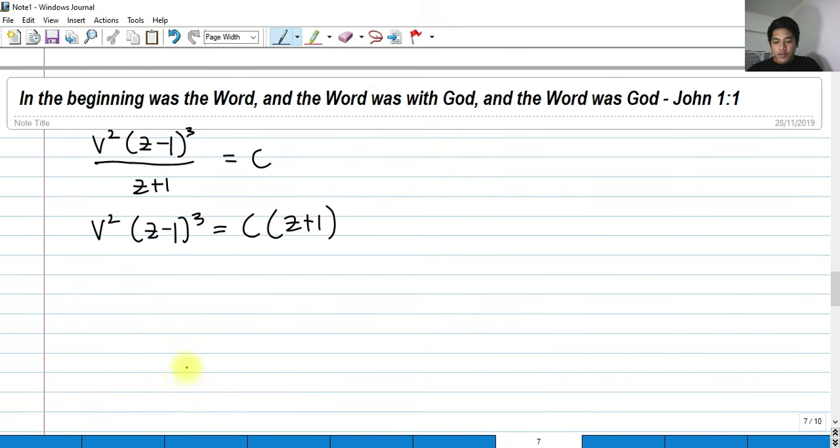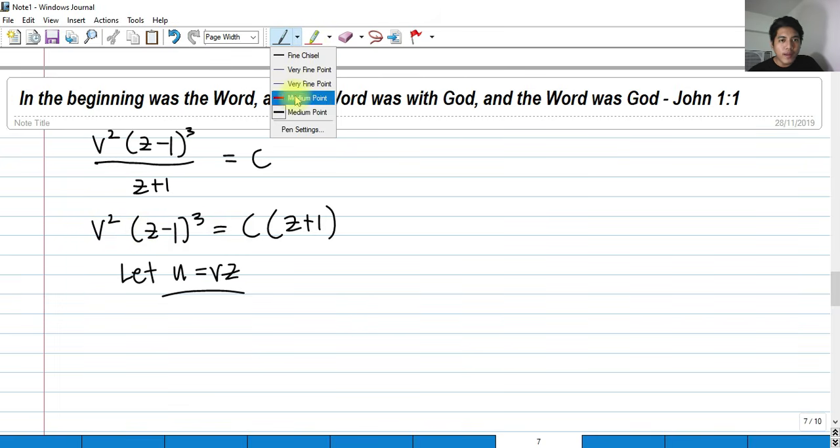If you may recall, a while ago we let u be equal to vz. But there is a problem here. We cannot simply substitute u here because there is no vz here. So we are going to make a way to have vz in order for us to substitute it back to u.